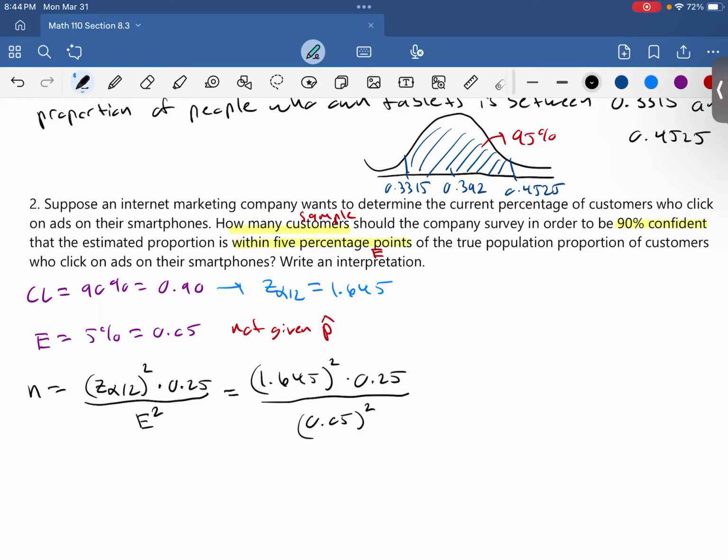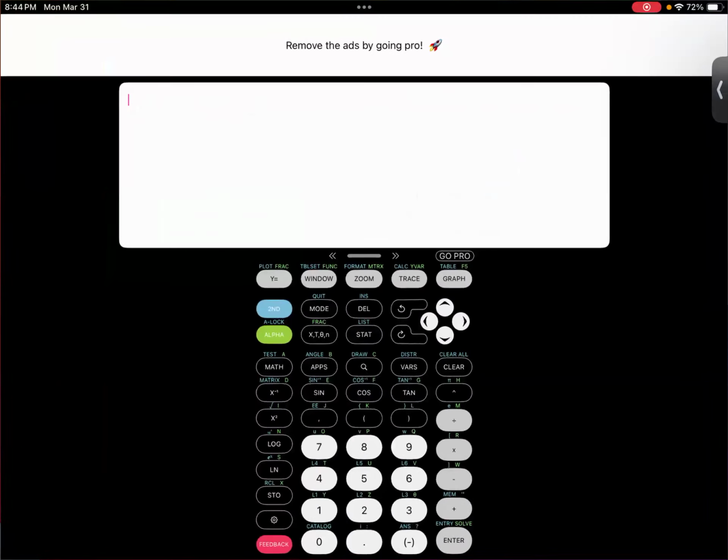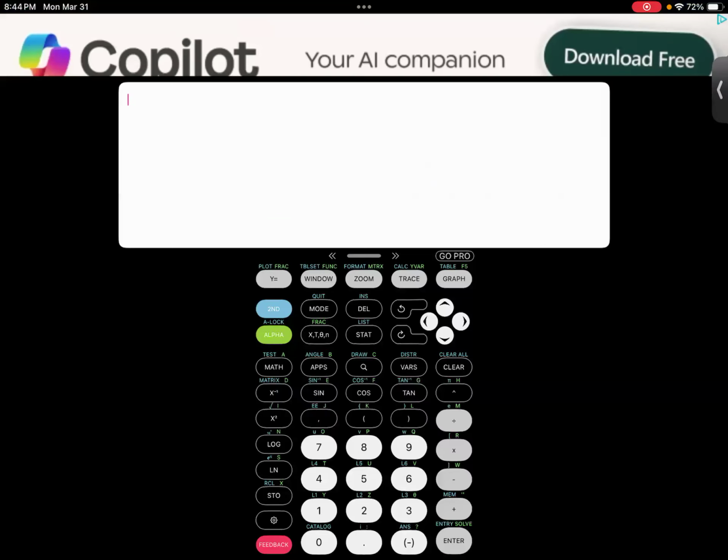Let's go to our calculator and get our sample size. It's best to just take it one step at a time. So I'm going to square the 1.645 first. And that's what I get, 2.7 dot dot dot. And then, still taking it one by one, I'm going to multiply it by 0.25.